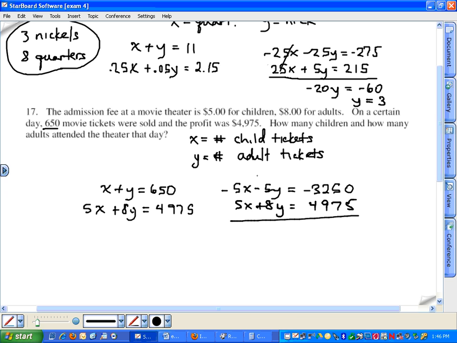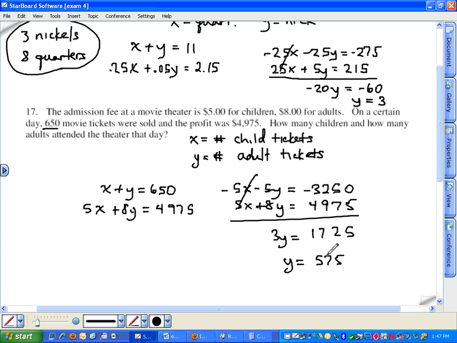Bottom equation, 5x plus 8y, $4,975. Performing elimination now gives us 3y equals $1,725. Dividing both sides by 3 gives 575 for y. y equals the number of adult tickets that were sold in the theater that day.